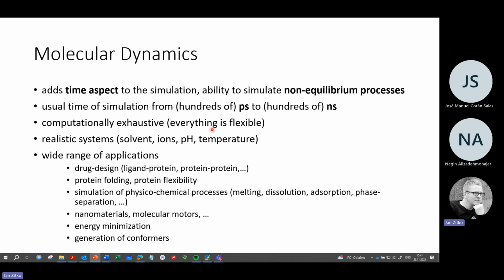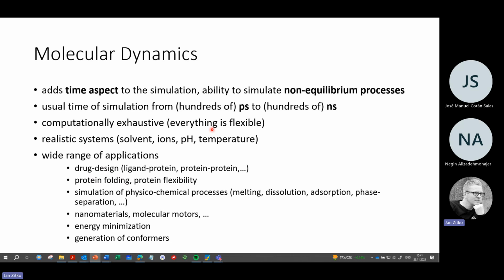The time needed for the simulation, the energetic evaluation based on the force field, scales exponentially with the number of freely rotatable bonds, with the degrees of freedom. So this is the cost. With molecular docking, we try to avoid this problem by treating the protein usually as rigid or flexible to a very limited extent.